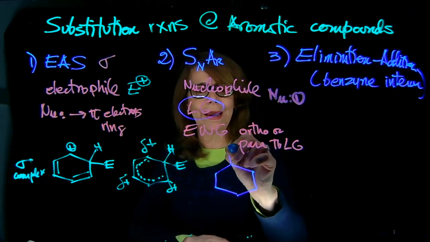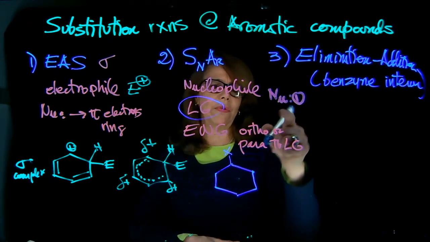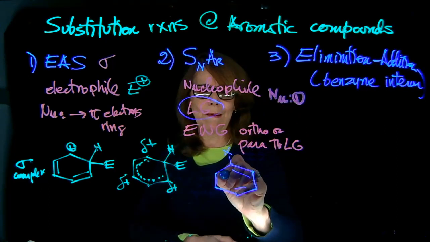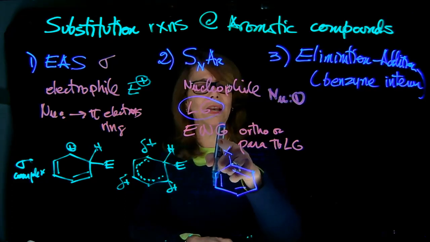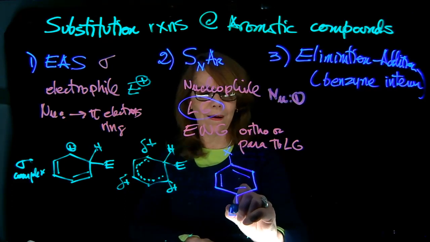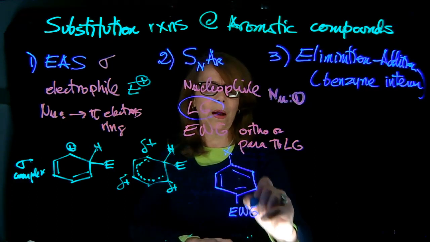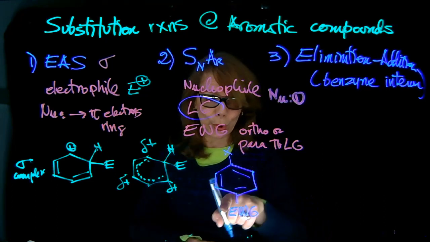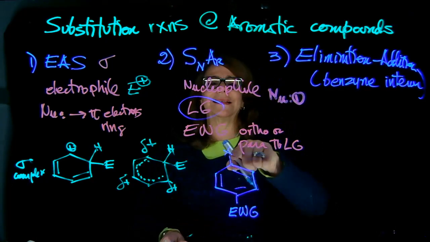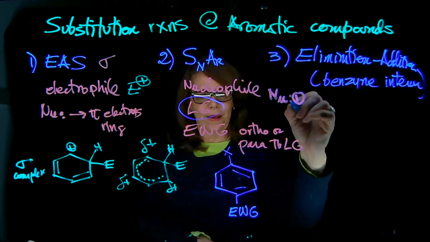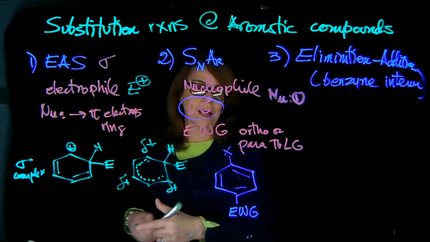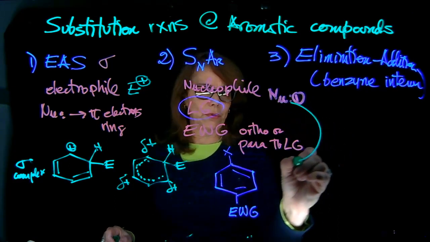So I'm going to put an X, and I'm going to have that attack, but I also need an electron withdrawing group ortho, here, or para to the leaving group. And the attack happens at the carbon that has the leaving group.